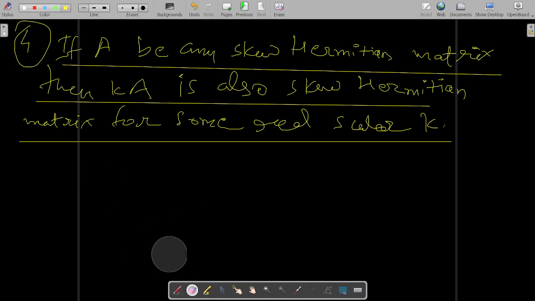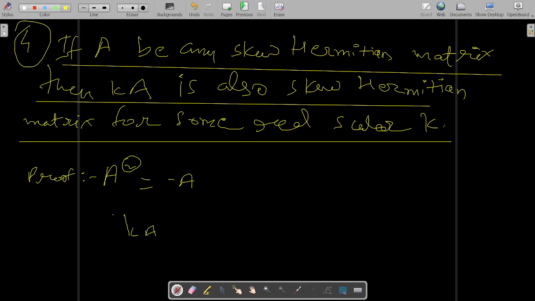You can easily prove this. A conjugate transpose will be equal to minus A, because A is skew Hermitian. Then you take kA conjugate transpose. If it comes out equal to minus kA, then k conjugate times A conjugate.